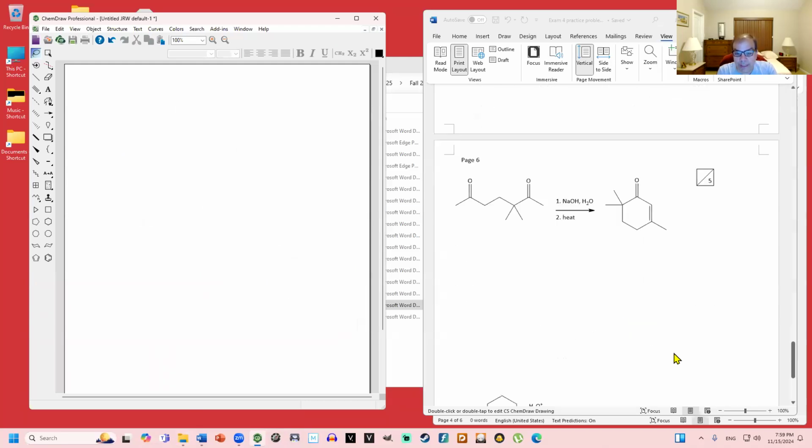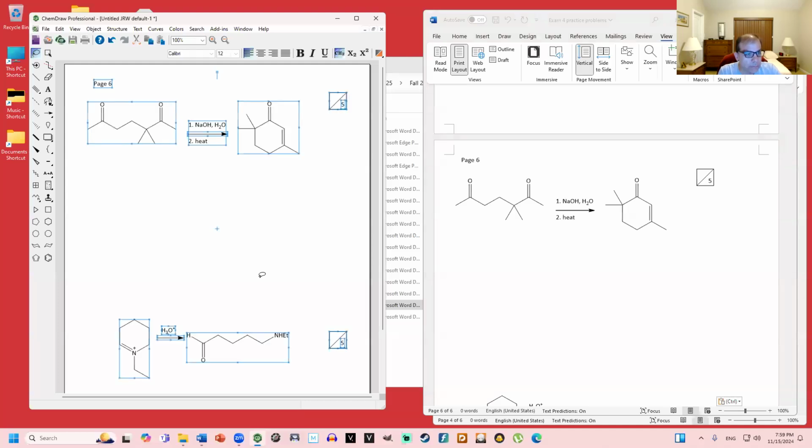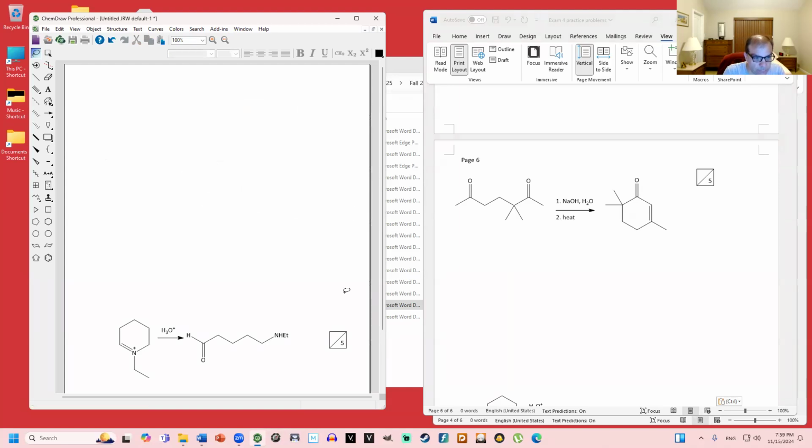Then we have just one last mechanism to do. And this looks like we're going to hydrolyze this iminium ion. We talked about that in chapter 23 as well.